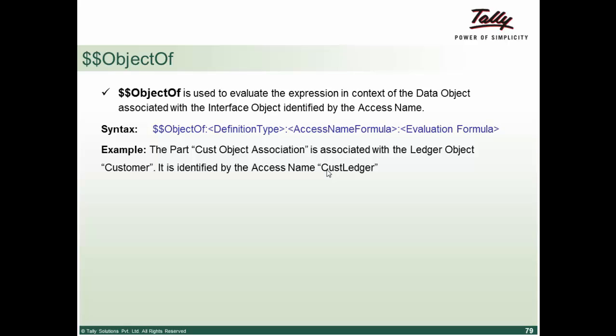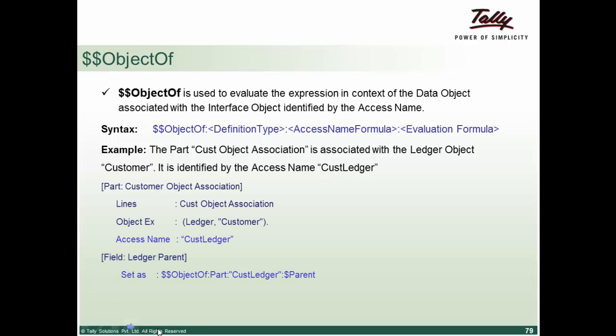There is a part definition by the name cust object, an association with a ledger object customer. So there is an object called ledger, and it is related to the ledger customer, and it is identified by the access name cust ledger here.